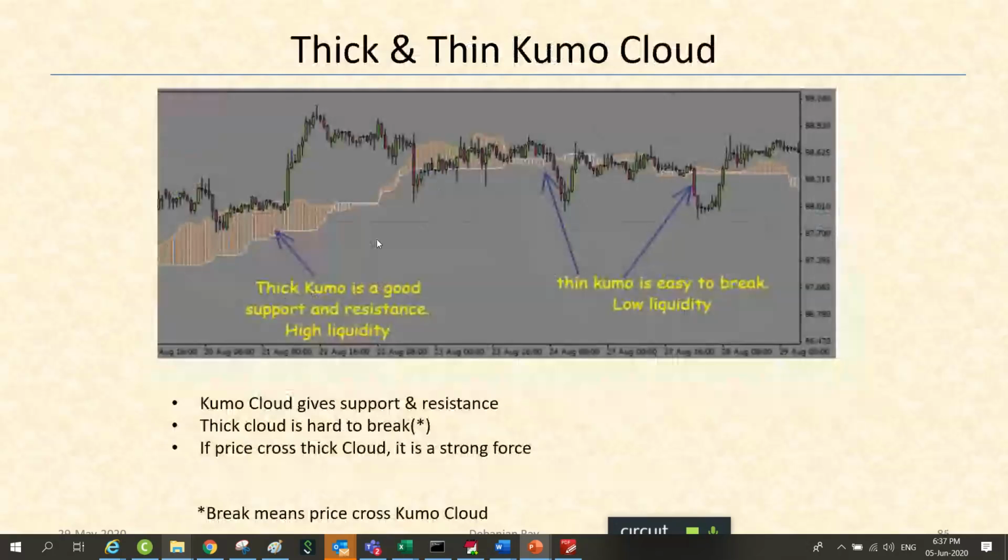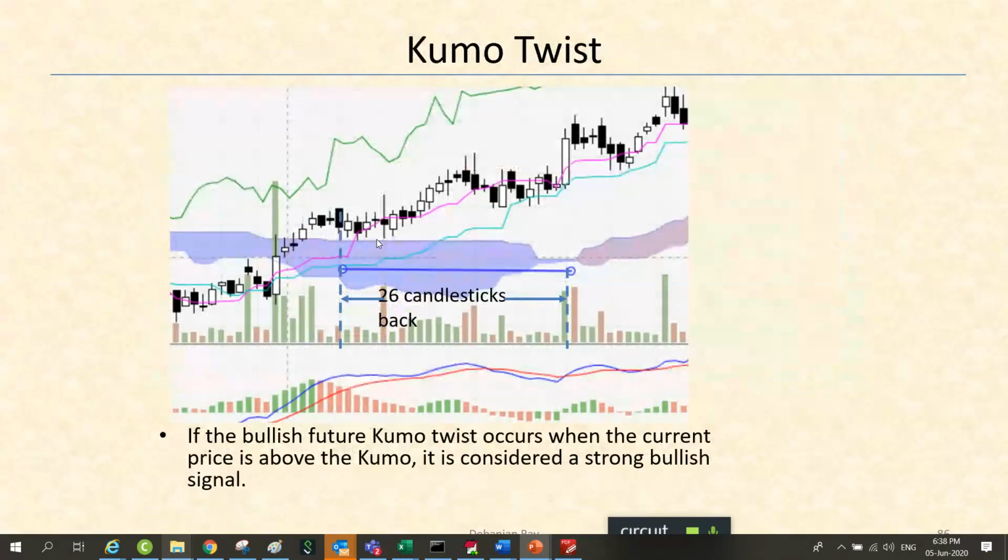We knew that the thin and the thick Kumo cloud, the thin Kumo cloud is easier to break. And then the final thing is the Kumo twist. That means if there is a Kumo twist, it is a strong buying signal.